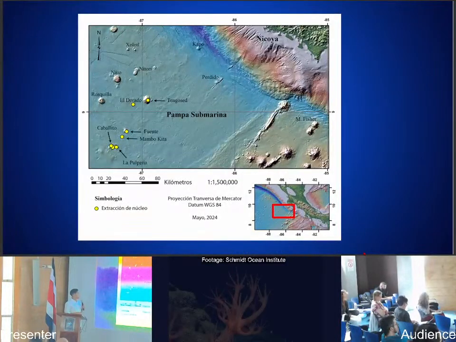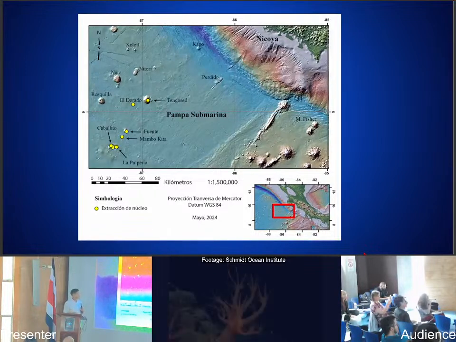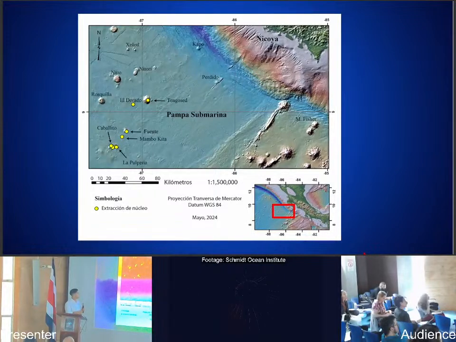The study area corresponds to 3 sites visited during Octopus Odyssey last year, and includes El Dorado, Tengoset Seamount, and La Pulperia.